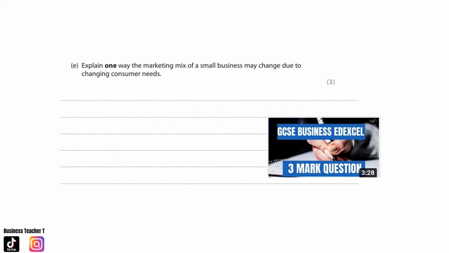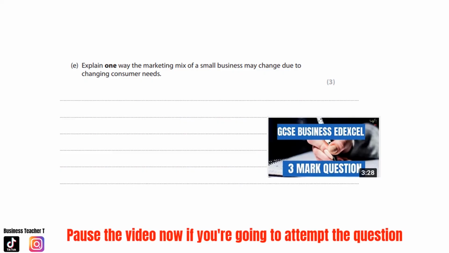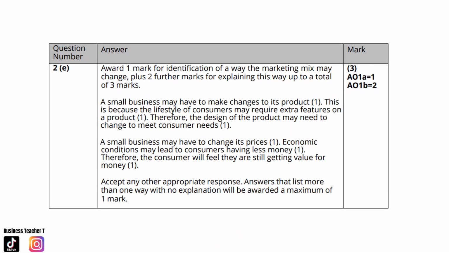Another 3-marker. Explain one way the marketing mix of a small business may change due to changing consumer needs. So you may have written a small business may have to make changes to its product. This is because the lifestyle of consumers may require extra features on a product.